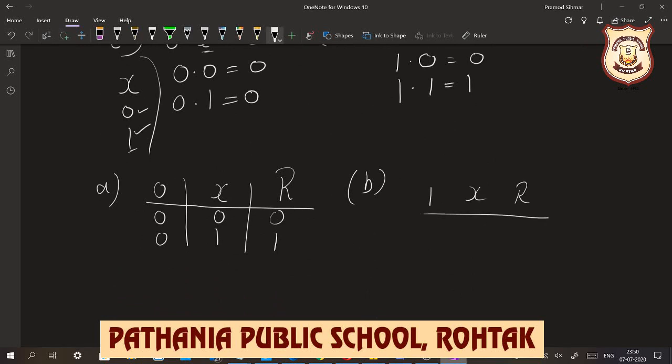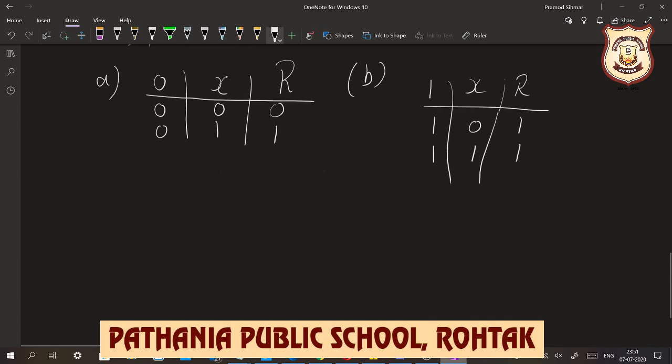These are the headings. 1 is always 1, and x is either 0 or 1. So 1 plus 0 is always 1, and 1 plus 1 is always 1. So this is the truth table for the B part: 1 plus x is always 1.